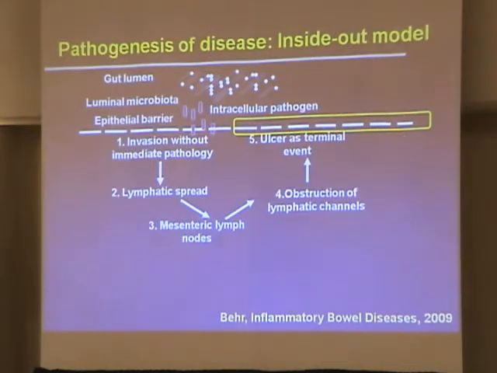So then if you take this and look at it and say what's wrong here, you may not know what's initiating the process. It'll describe what's going on today, but it doesn't necessarily mean what you're seeing is the start of the process. It could be the end of the process. So in an inside-out model, these ulcers would attract bacteria, so you'd end up with bacteria on the surface, sort of like Velcro. But those bacteria may or may not be the cause of Crohn's disease.